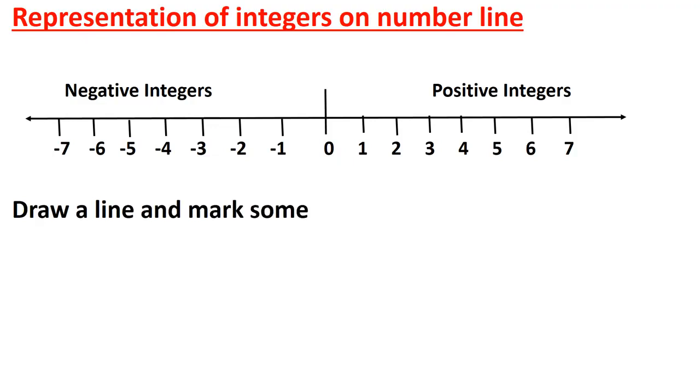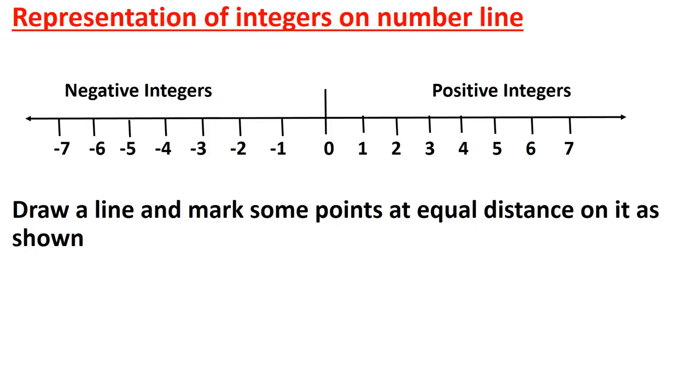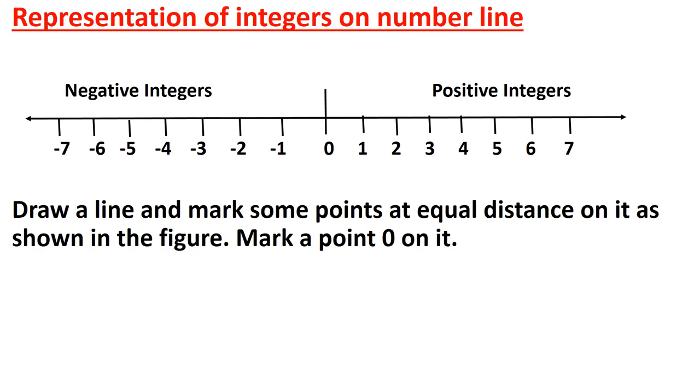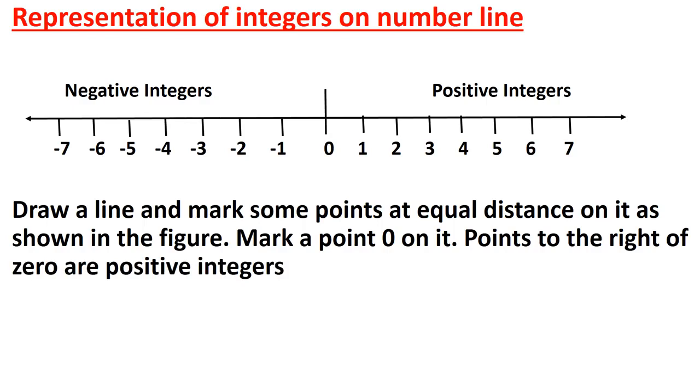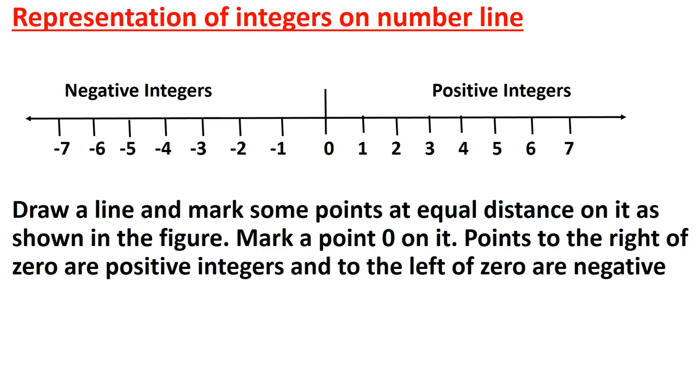Now see how to make a number line. Draw a line and mark some points at equal distance on it as shown in the figure. Mark a point 0 on it. Points to the right of 0 are positive integers and to the left of 0 are negative integers.